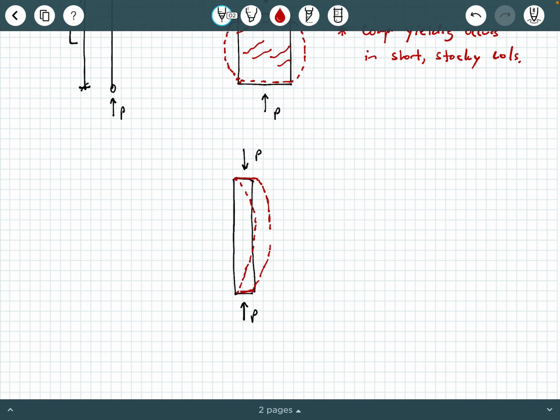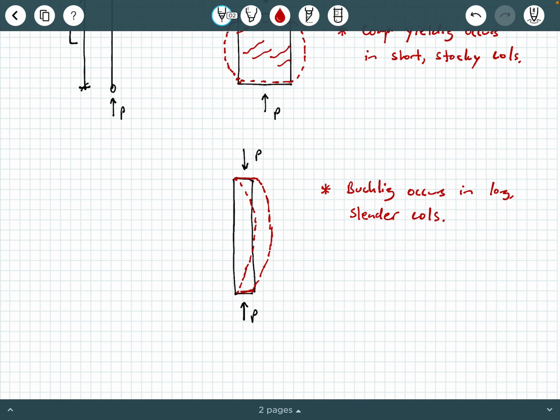This is called buckling, all right? So buckling occurs in long, slender columns, all right?